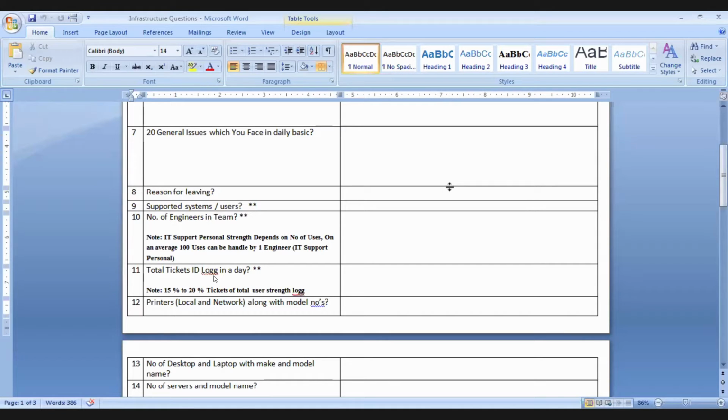Okay, so this is remote support. Remote support people are at level 2, because they must be more confident and more knowledgeable comparatively.